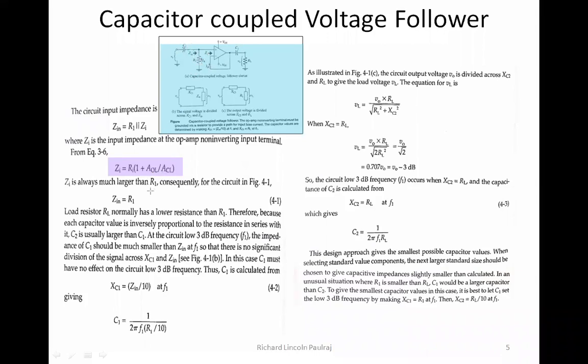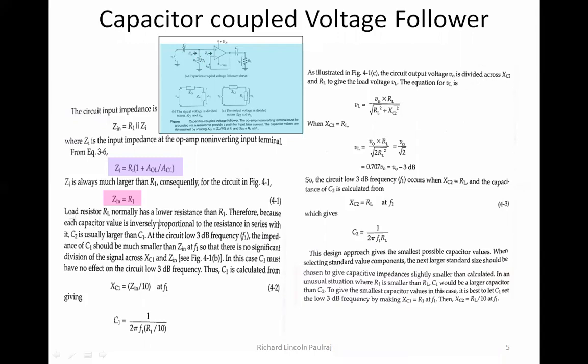Since Zi is much larger than R1, Zin is equal to R1, because Zi is too high and R1 is the only resistance I have. Zin is at this point near the capacitor, and Zi is the whole input impedance, so do not get confused with that.